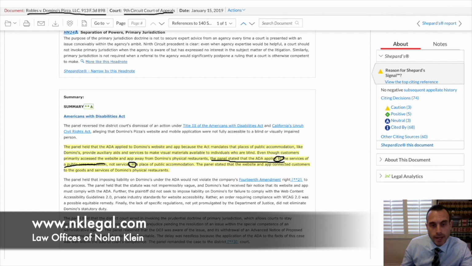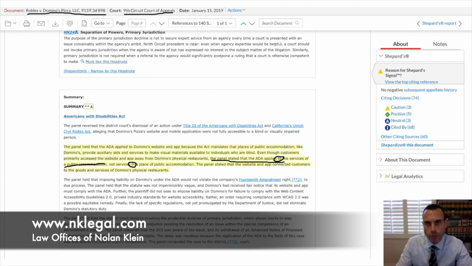The panel stated that the website and app connected customers to the goods and services of Domino's physical restaurants. So in this case, the Ninth Circuit Court of Appeal held that a website was subject to ADA requirements.